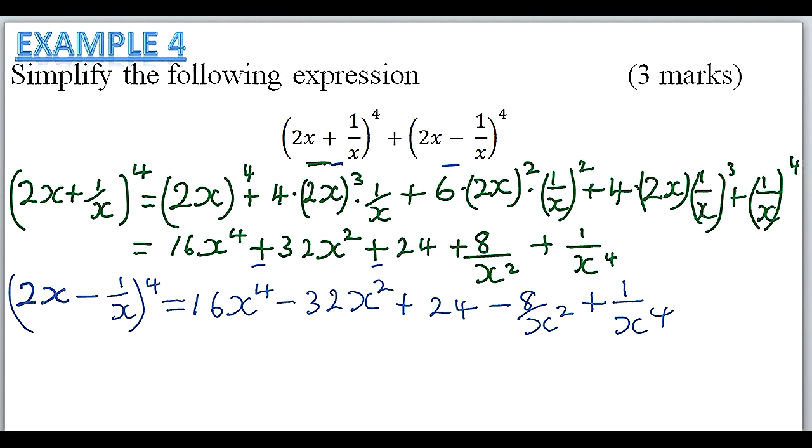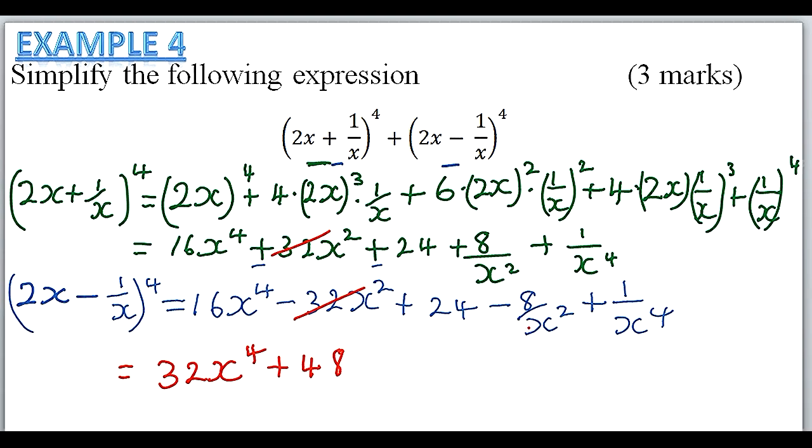From there, we are supposed to add the two. So if you add the upper one and the lower one, you can see we have 16x to power 4 and 16x to power 4. So this will give us 32x to power 4. Then the next one, we have 32x squared and minus 32x squared, so these will cancel. Here we have 24 and 24, so we will have plus 48.